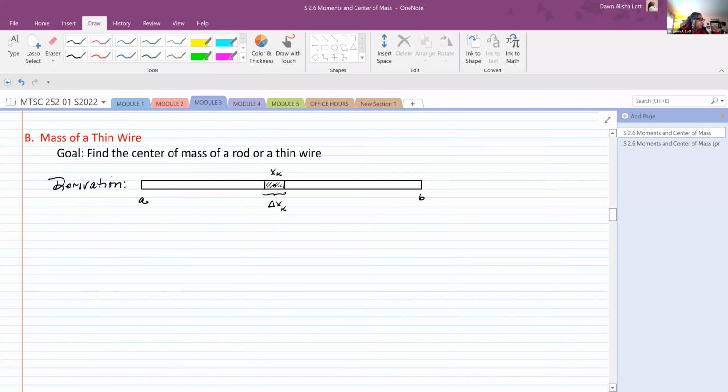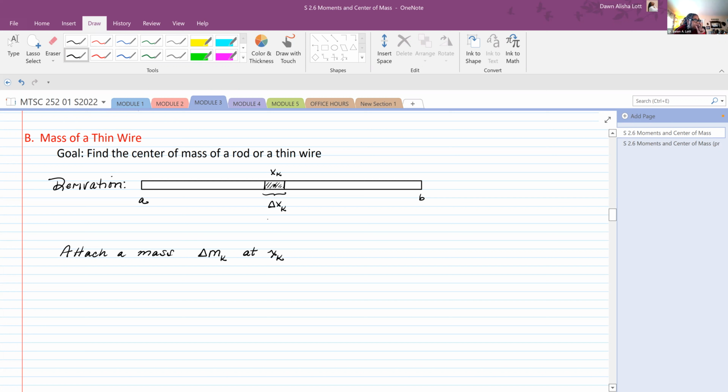Okay, so now I want to attach a mass. So we're going to attach a mass at the point xk. So this mass, which is going to be delta mk, is a little piece of mass, and this is going to be at xk.